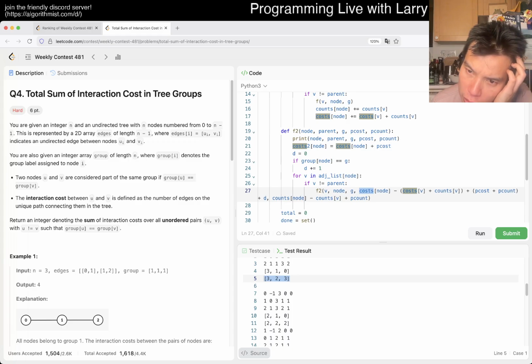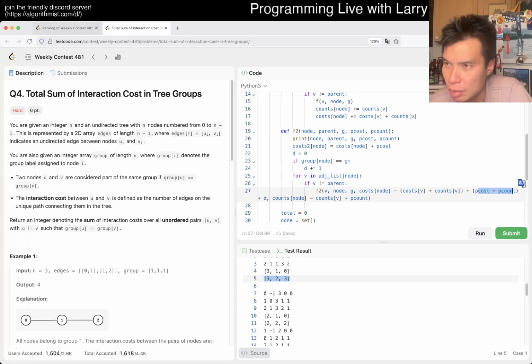Cost 2 is the cost with the parent. Why would that factor that in? Because you already factored that in here. Could I have used that way instead? Maybe there's a formula with that instead. But yeah, okay.